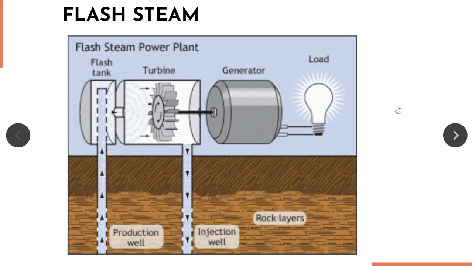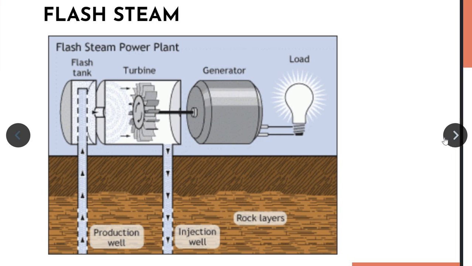The vapor then drives a turbine which drives a generator. If any liquid remains in the tank, it can be flashed again in a second tank, that is, double flash, to extract even more energy.